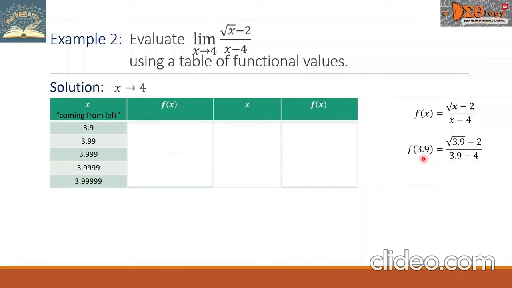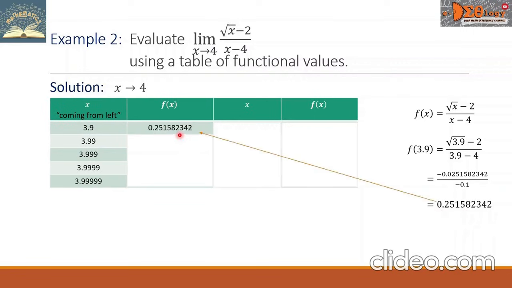We know that we change all x by the value 3.9. Using our calculator, the numerator is simplified as negative 0.0251582 all over negative 0.1 in the denominator. The quotient now is positive 0.251582. Then we copy this value in here.